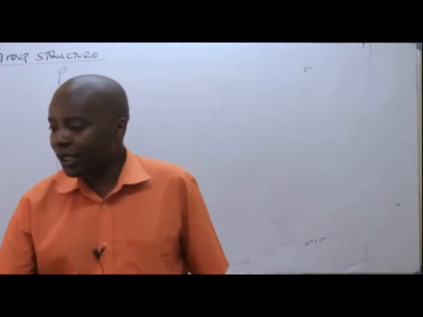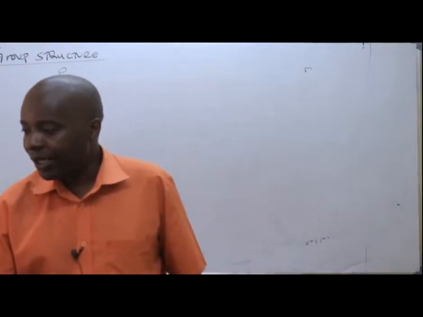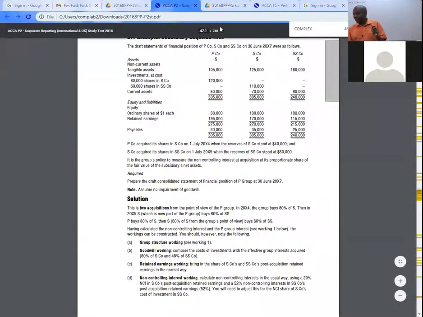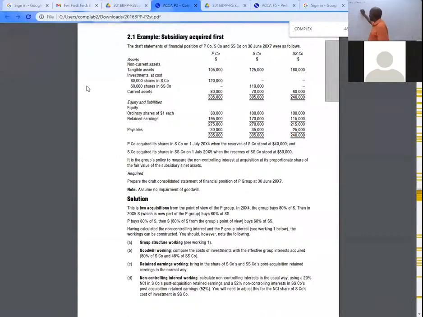Look at the investments, investments at cost. You can see the parent company 120,000. It has 80,000 shares in S company. P has 80,000 shares in S company.